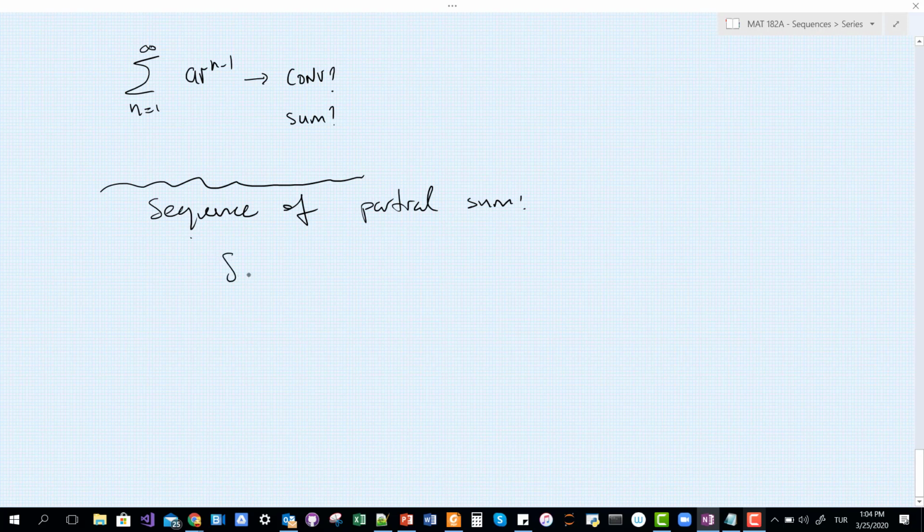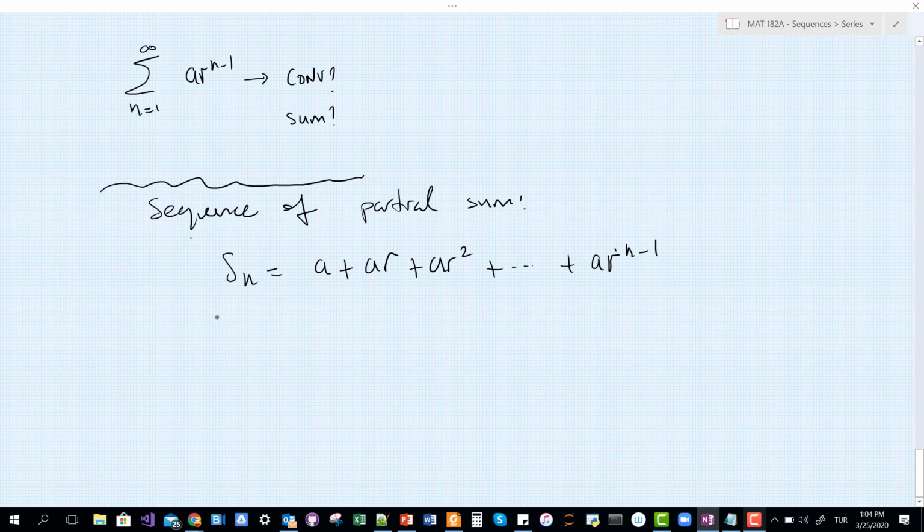What I want to do is create the sequence of partial sums this way: a plus a times r plus a r squared, and up to the first n term sum. So my n-th term is going to be this one, a r to the n minus 1.